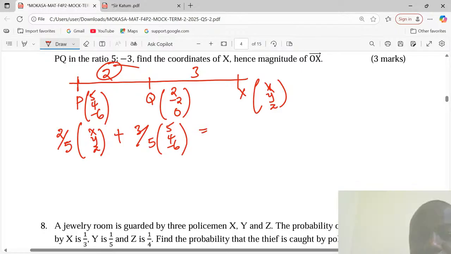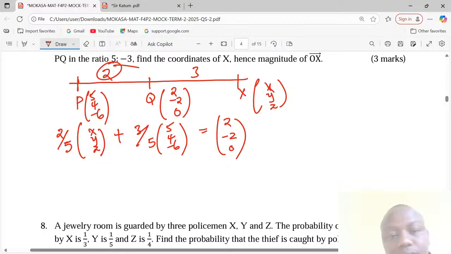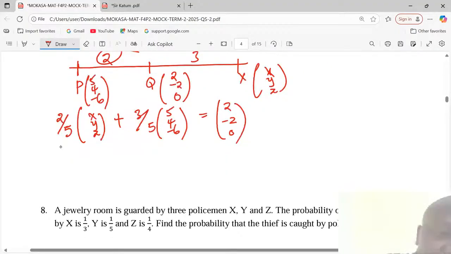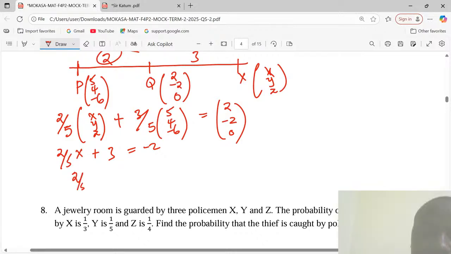We are supposed to get 2, -2, 0. That is called the ratio theorem. So now we have 2 out of 5x plus 3 over 5 by 5, which is just 3, equals -2. You see now, 2 out of 5x equals -5.